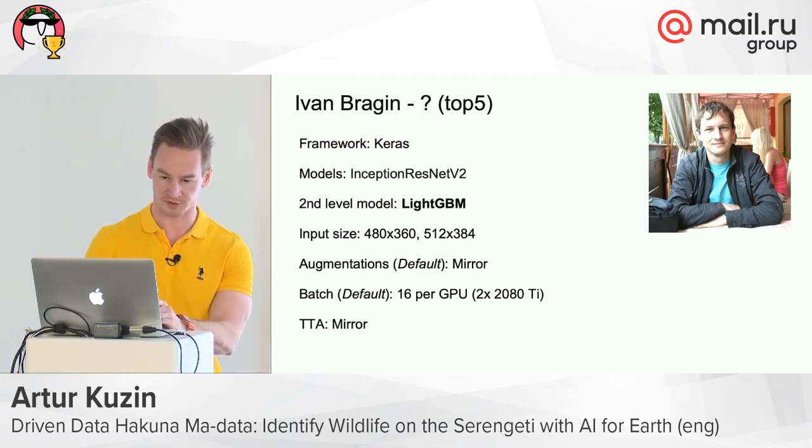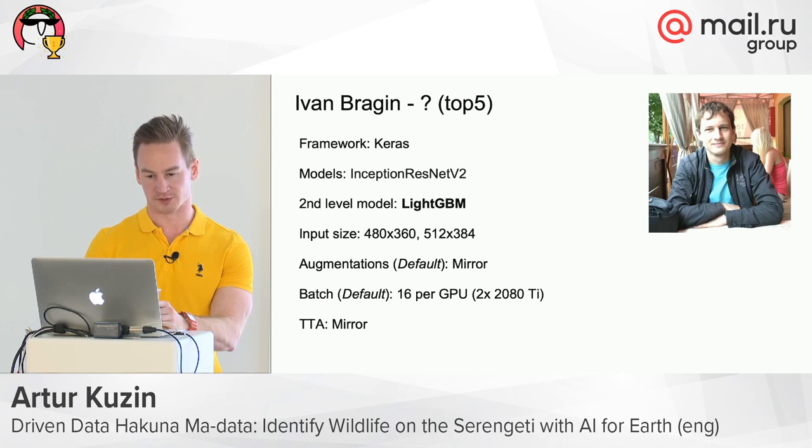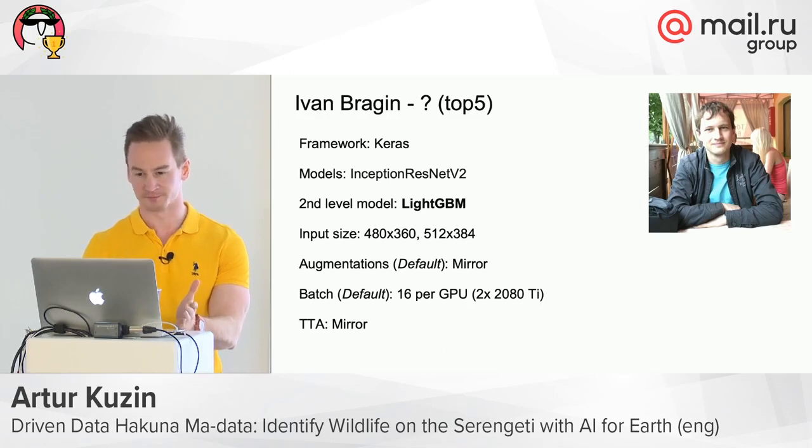There are a lot of empty images, and it highly affects the final score and metric. He also used mirror TTA for test time augmentation, and he used a not large batch, because he didn't have large GPU memory.